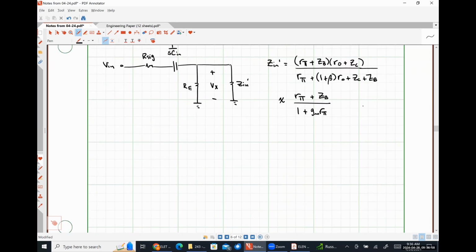So under this assumption, we can say that the transfer function for the input stage is just going to look like RE in parallel with Zn prime, divided by R sig plus 1 over SCn plus RE in parallel with Zn prime.